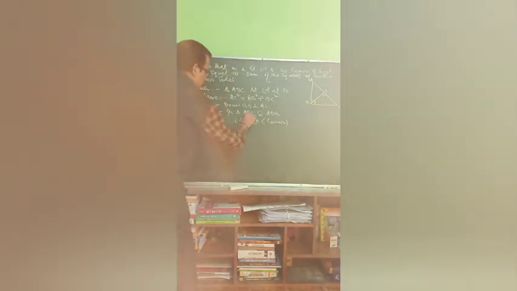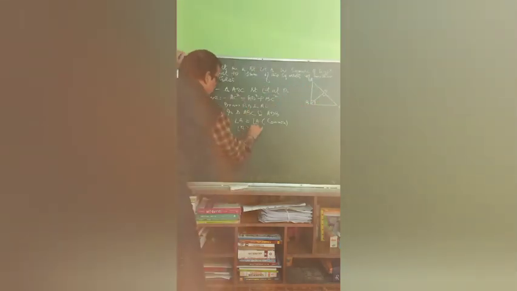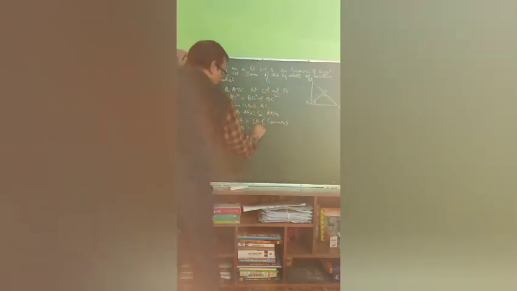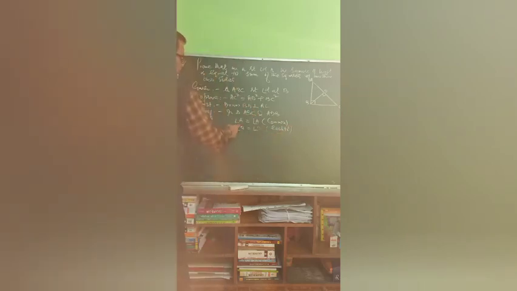Angle B, this angle ABC, that is angle B. Angle B is equal to angle ADB, that is angle D, each 90. Therefore, two angles are there, so triangles are similar.